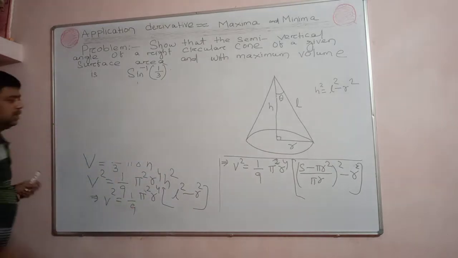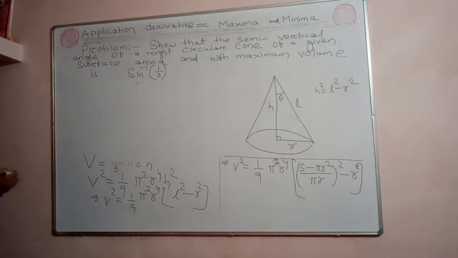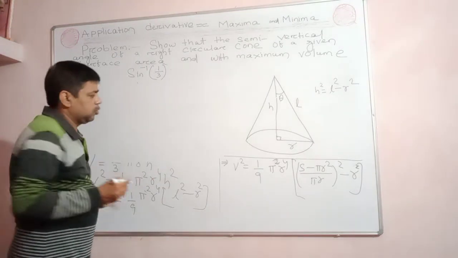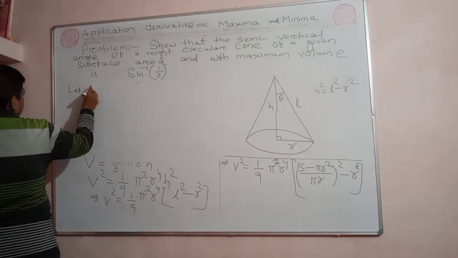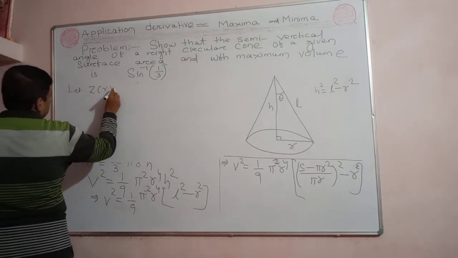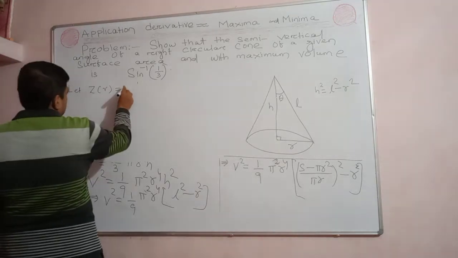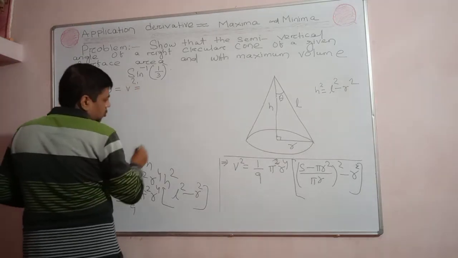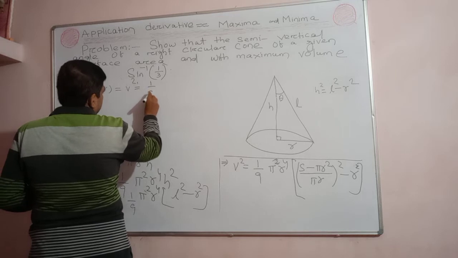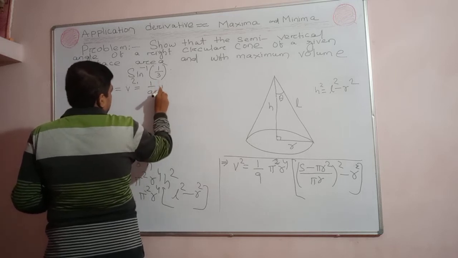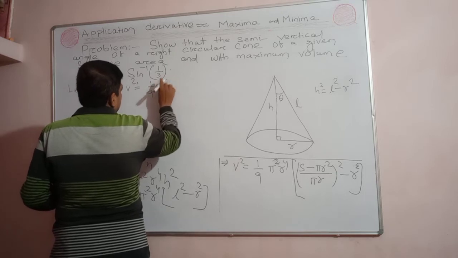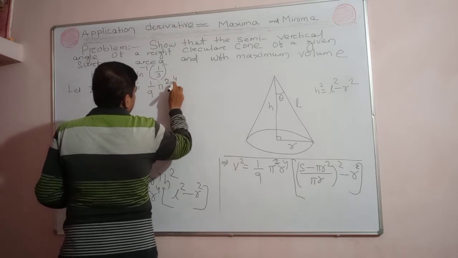You see now, the volume is a function of the radius. Z(r) is equal to, okay, b square is equal to 1 upon 9 pi square r to the power 4.